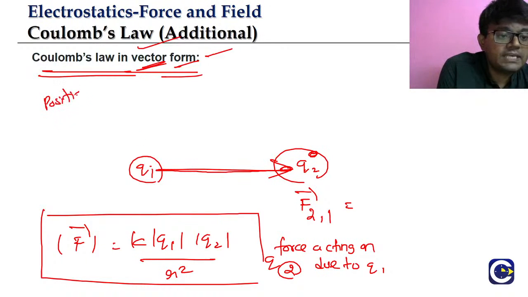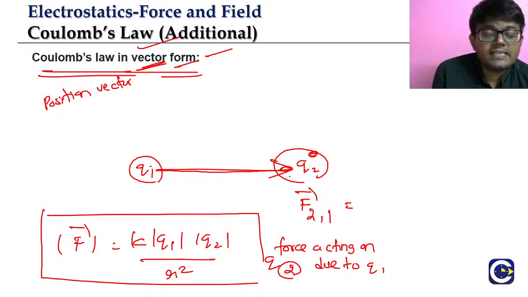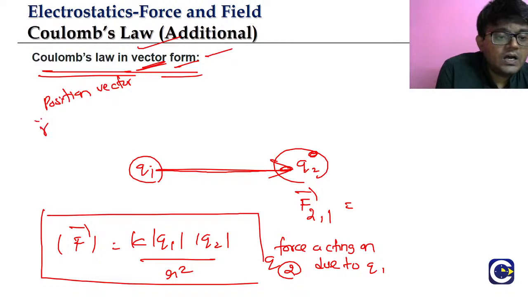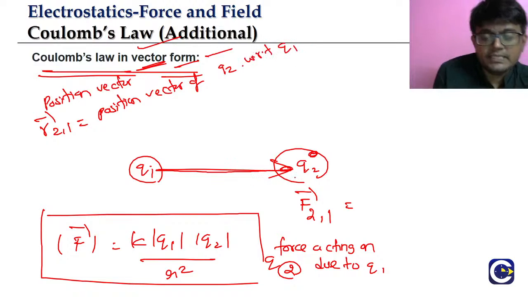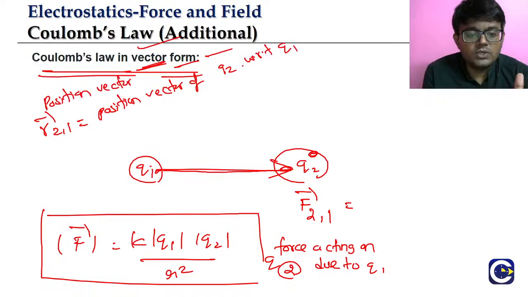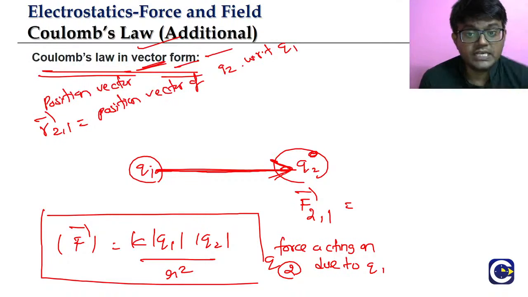Let us say r2,1 is the position vector. What is r2,1? The position vector of q2 with respect to q1. That means from q1 you draw a vector reaching q2. We call that the position vector of the q2 charge with respect to q1.